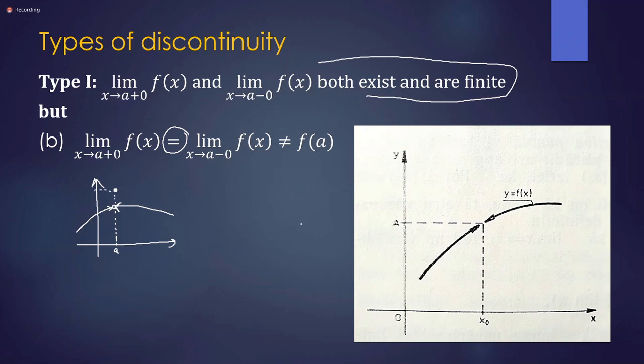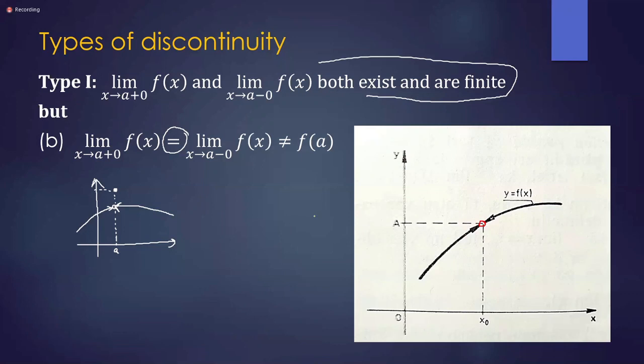The value of the limit of the function when x tends to x0 is the value a, because both one-sided limits are it.